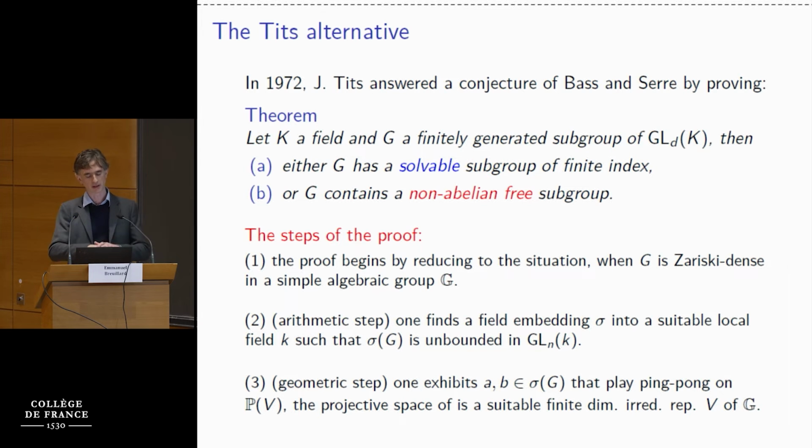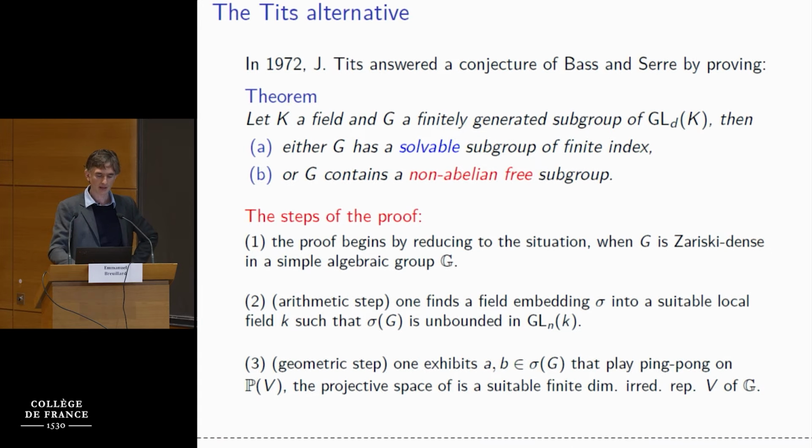You just take the Zariski closure and then you use the structure theory for algebraic groups. There is a solvable radical. You can mod out by the solvable radical, and then you end up in a semisimple group. Because if you have a free group in a quotient, you already have one in the group, it's enough to look at quotients. So you can reduce to the case when you're simple. And then basically the proof has two steps.